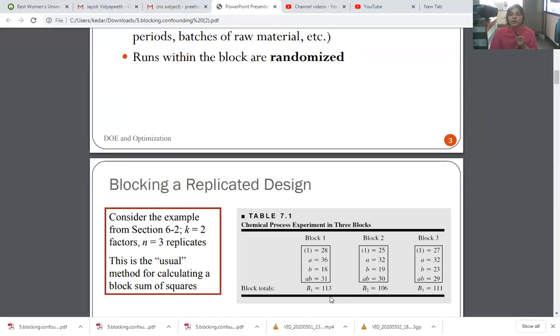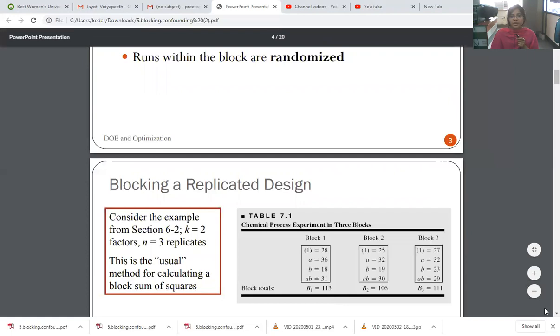Now we come to block number 2: (1) is equal to 25, a is equal to 32, b is equal to 19 and ab is equal to 30. So B2 is equal to 106. Block number 3: (1) is equal to 27, a is equal to 32, b is equal to 23 and ab is equal to 29, so B3 is equal to 111.